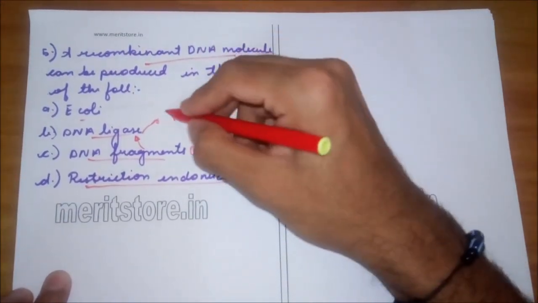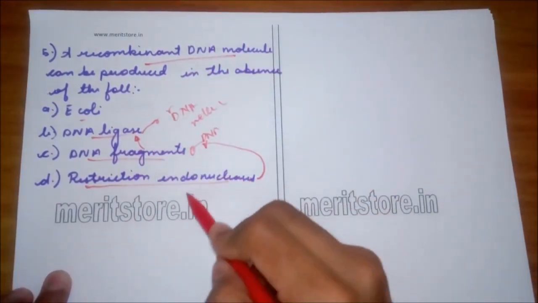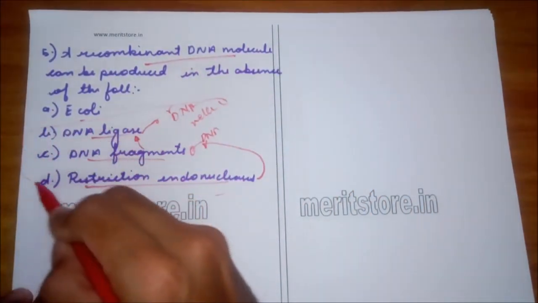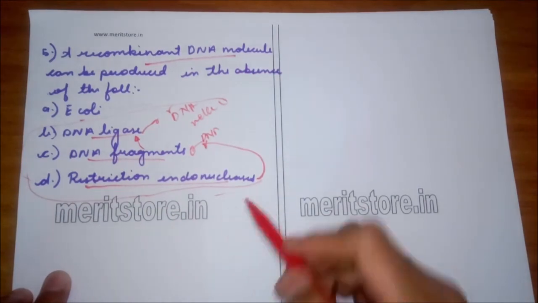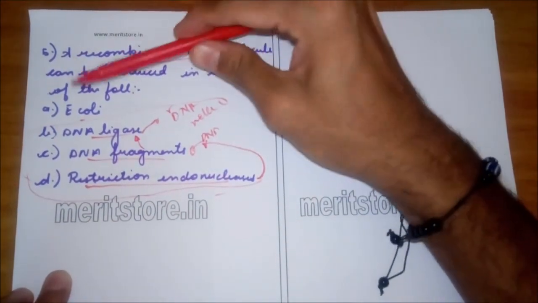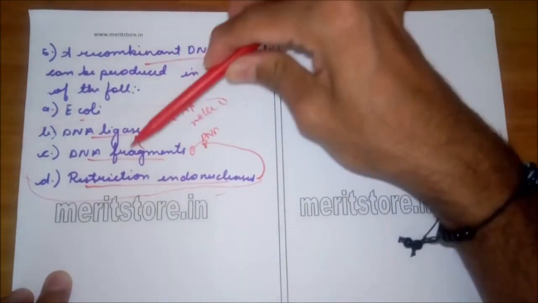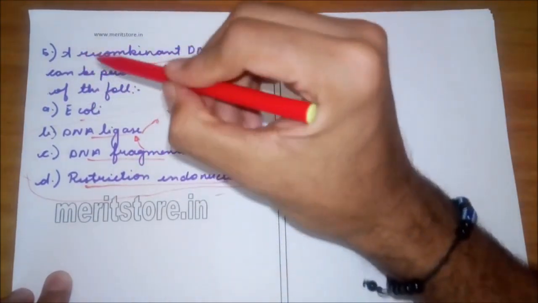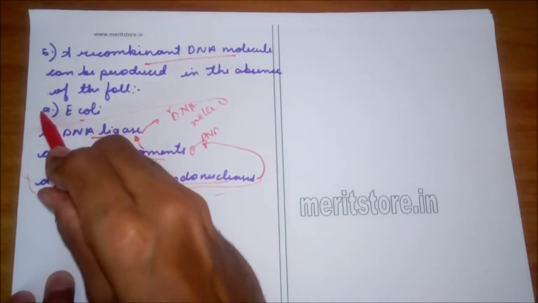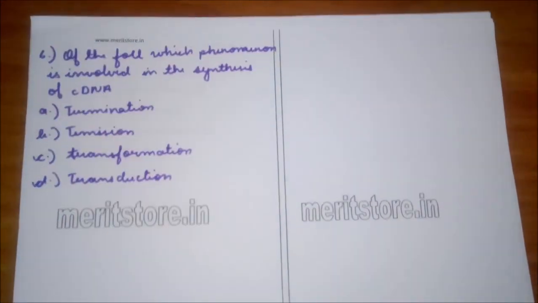So a recombinant DNA molecule is obtained after this process. For the formation of rDNA molecule we require these three. So the odd one out is E. coli. So E. coli is the correct answer.